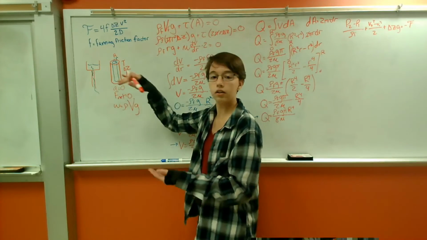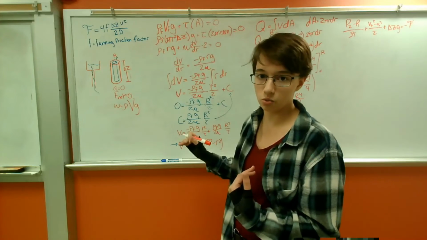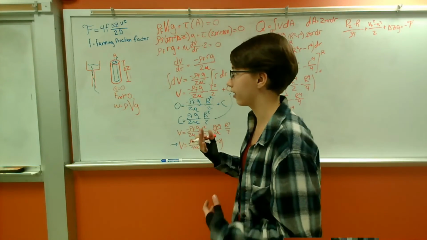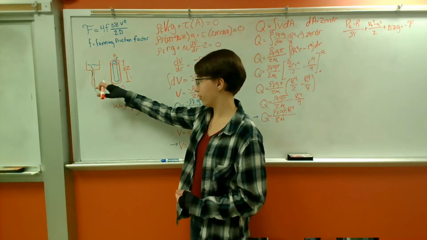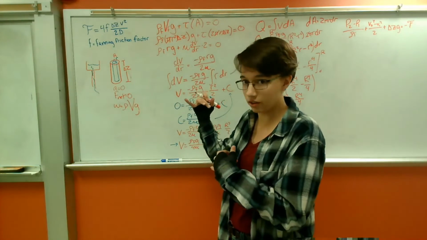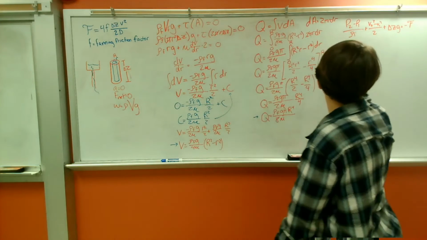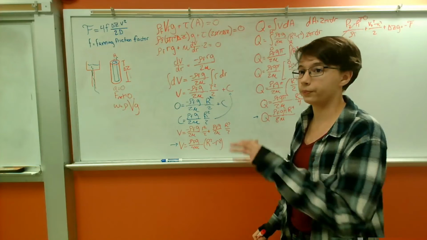If we had a bottom on this tube, then yes, pressure would change with depth, but since the fluid is moving and not static, that's not the case here. So the pressure, it's open to atmosphere on both sides, so pressure is the same on both sides, which means pressure throughout this whole tube is the same, so there's no change in pressure, meaning that this term goes to 0.